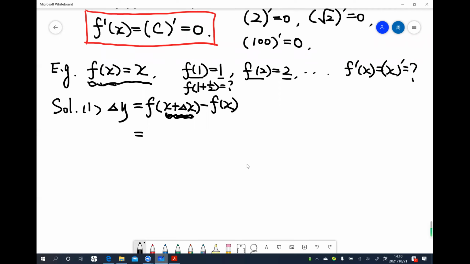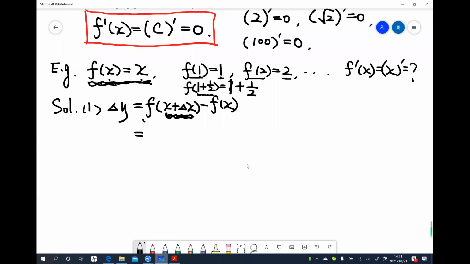Here, this is the function. That means the value of f equals the variable, right? So I gave you 1, that equals 1. I gave you 2, that equals 2. I gave you 1 plus 1 by 2, that should equal 1 plus 1 by 2, right? That is 3 by 2.